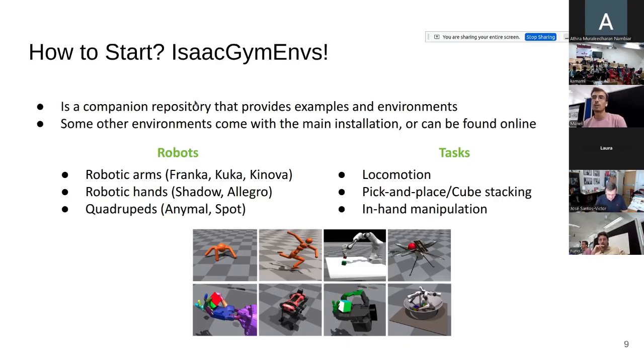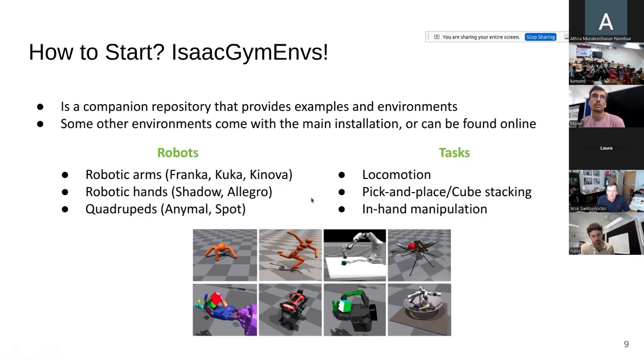And they give you already a lot of environments that you can start from. So these are examples of things that you can just run that program and it will start learning. And so they have a lot of diversity there. So you have robotic arms, you have robotic hands like the Shadow and the Allegro hand. You have quadruped robots, and this is just the ones that come with this package.